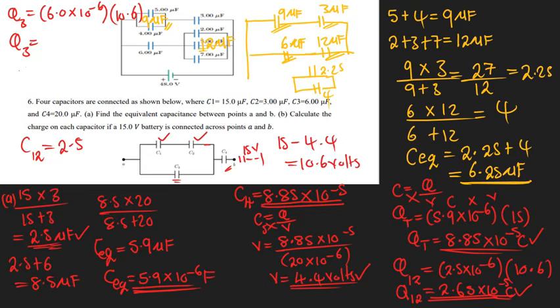So 6.0 multiplied by 10 to the power negative 6 multiplied by 10.6. This is like 6.36 multiplied by 10 to the power negative 5 coulombs. Basically, this is how you calculate all the charges for this particular question.